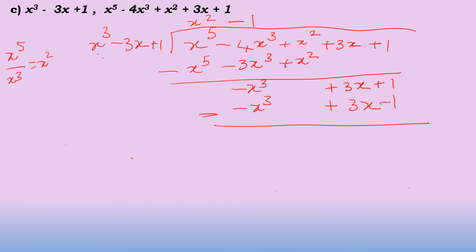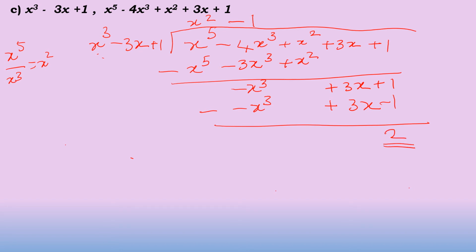So now when you subtract, you get minus x cube minus x cube is 0. 3x minus 3x will be equal to 0. 1 minus 1, which will be equal to 2.